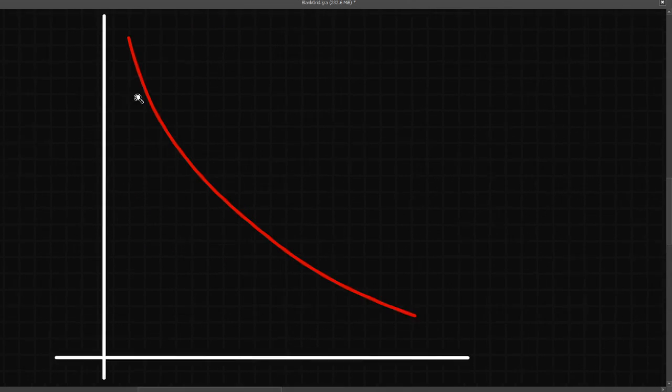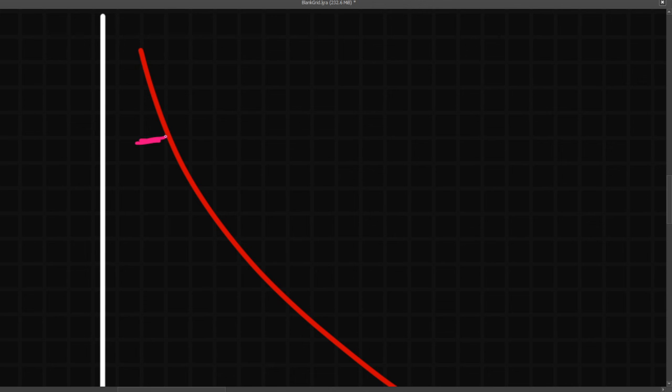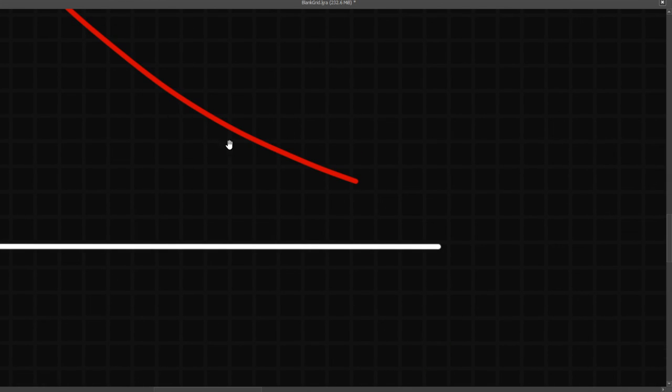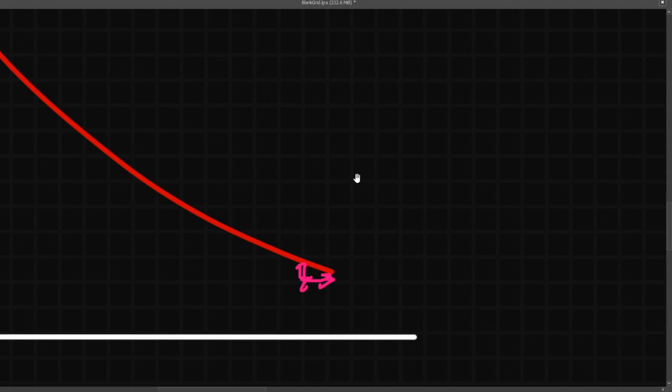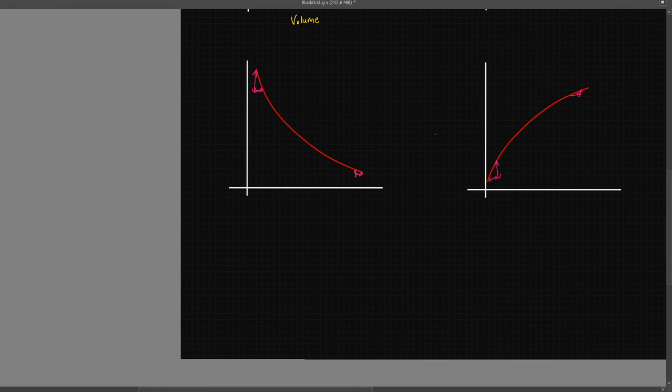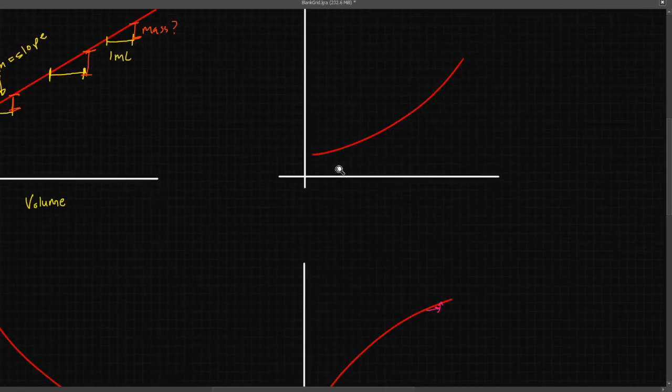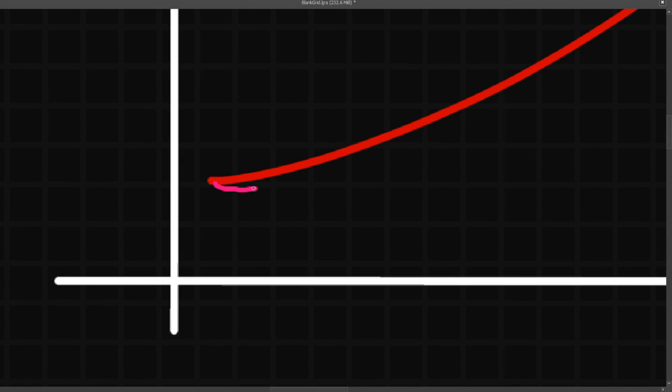Here, a change gives a big change in the y-axis, but that same little growth here gives a tiny change in the y-axis. Look at this one. At first, this one change in the x-axis gives a small change in the y-axis.